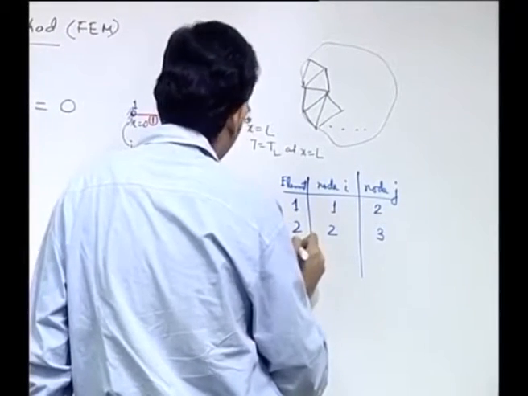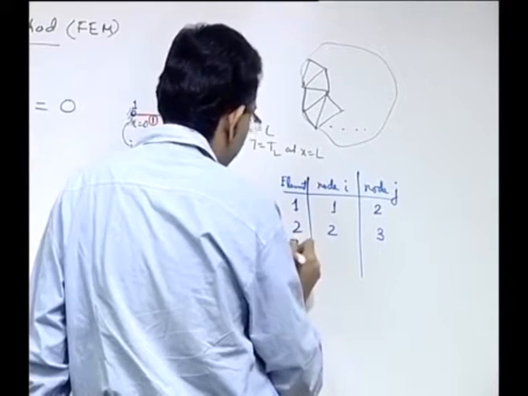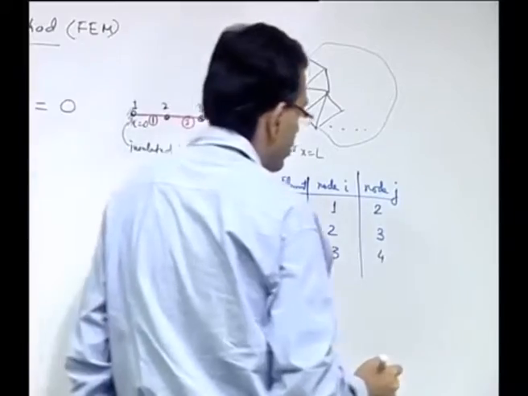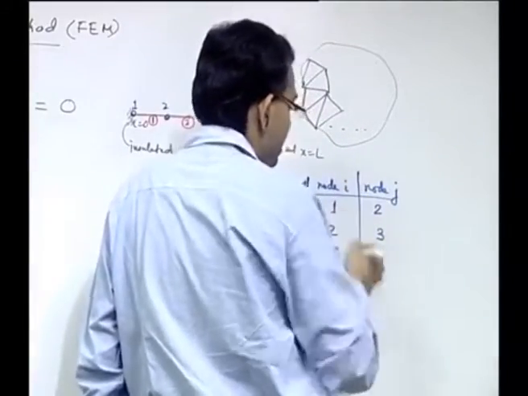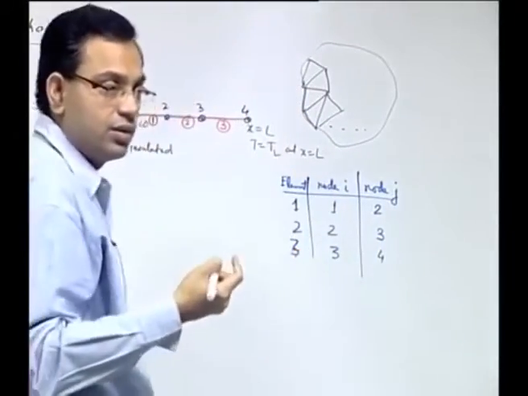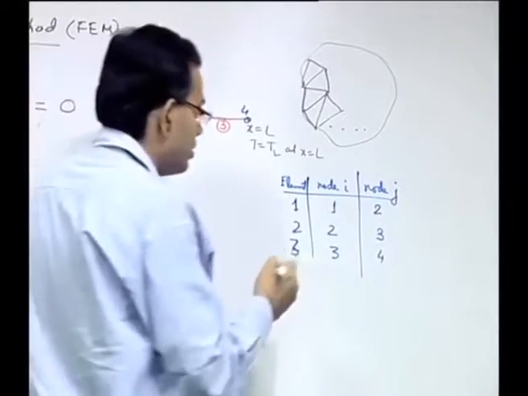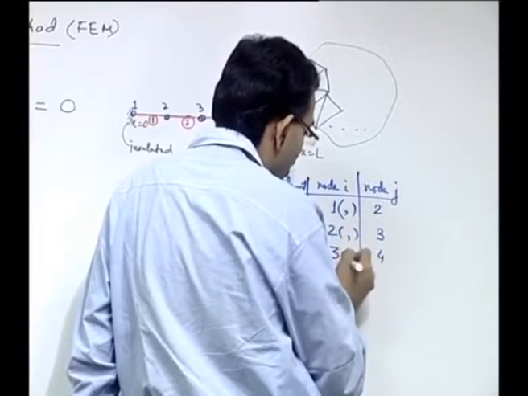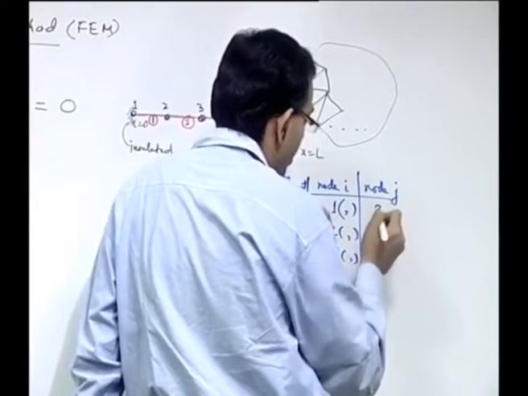For element number 3, first node is 3 and second node is 4. And each node has its own coordinate. So, you can use whatever coordinate system you want to specify the coordinate of each node.